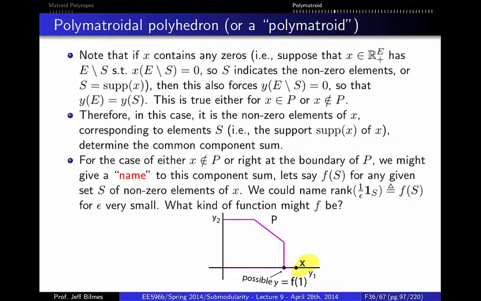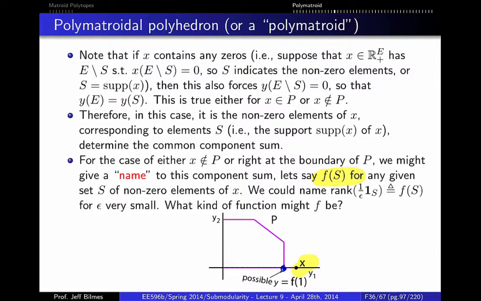So when we construct the p-base of that, there's only going to be one possible element, which is going to be this guy. And therefore, if it's a polymatroid, we can name the value of that element based on the support of x. What if we were to, for example, name that value f of S?